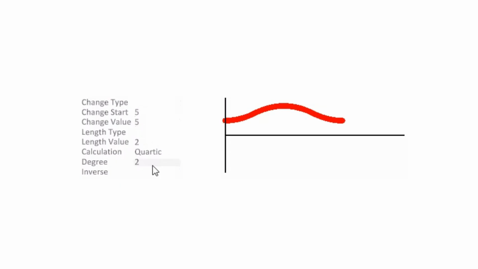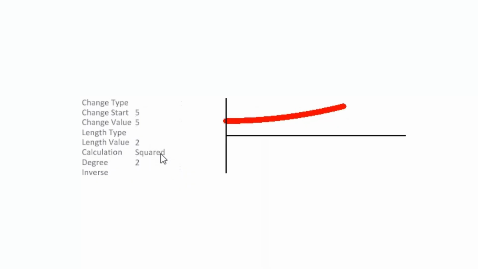The degree value determines how quickly the function changes over the distance. A higher degree will result in a quicker change. Lastly, the inverse function is only available for the squared calculation, and this flips the output.